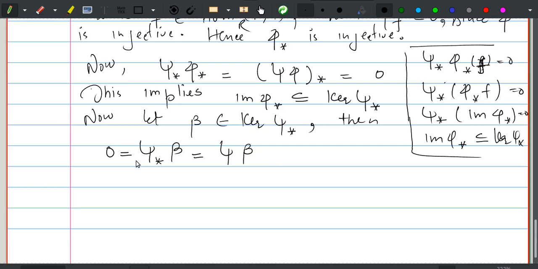That means beta belongs to kernel of psi, which is the same as image of phi, because our given sequence is exact.